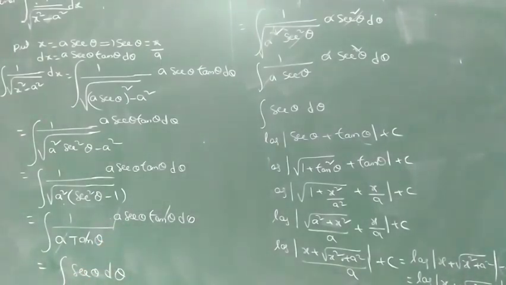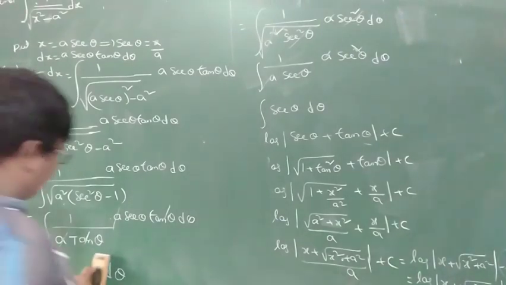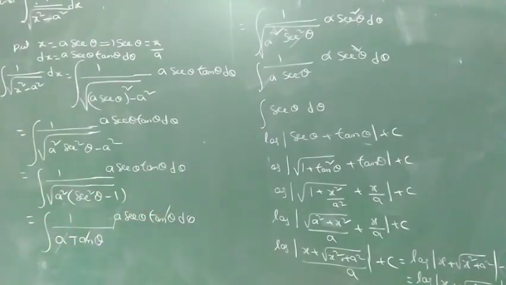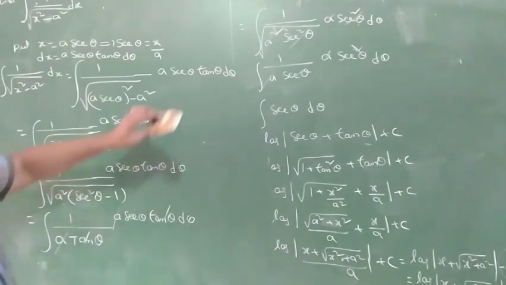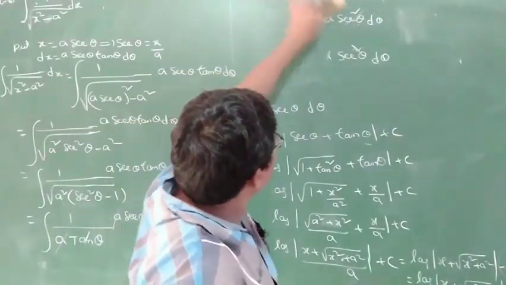Finally, the secant theta tan theta cancels, leaving the integral of secant theta d theta.